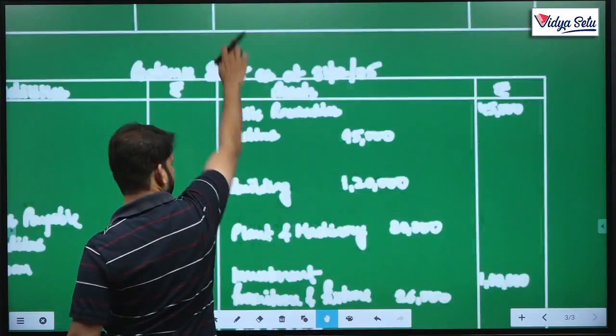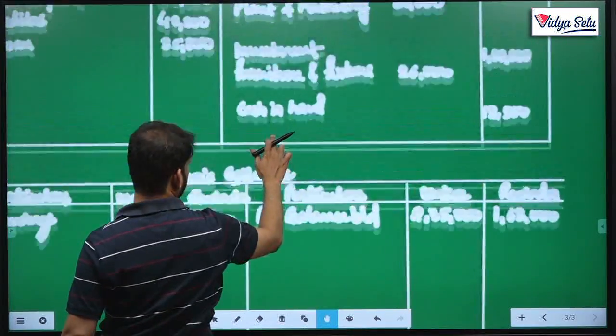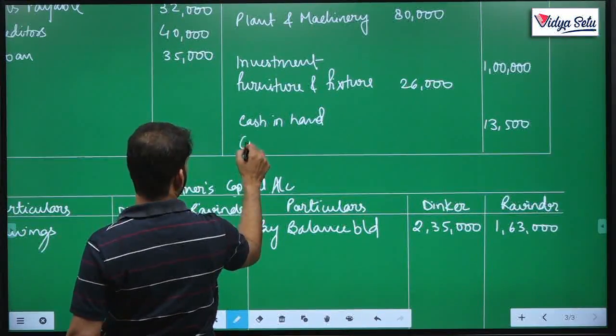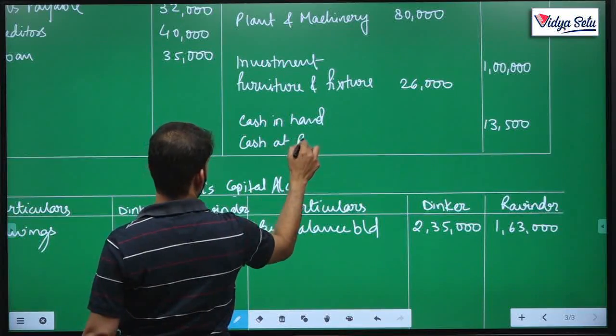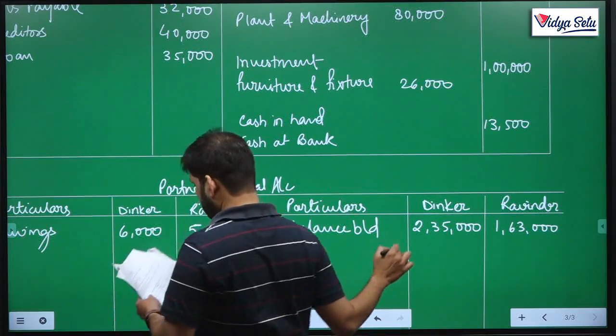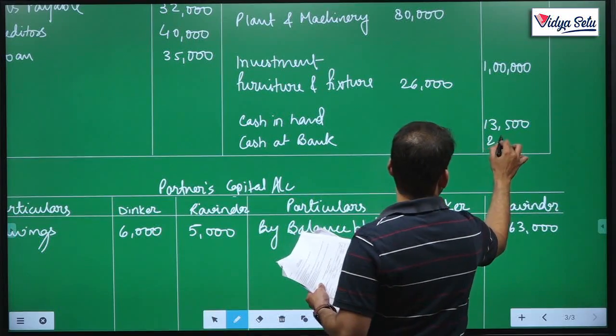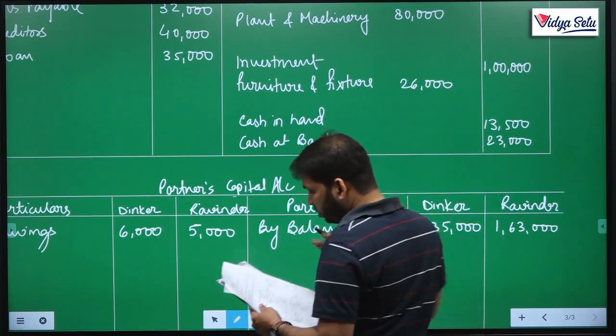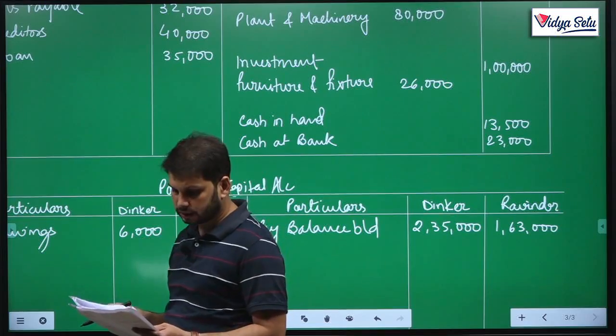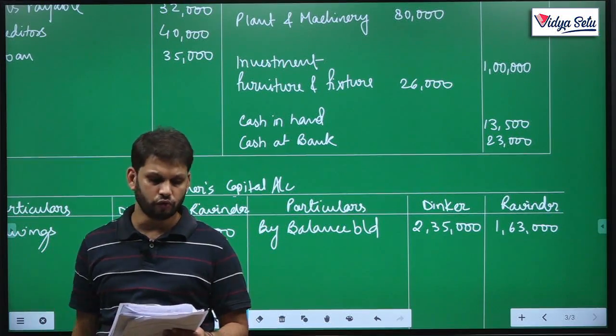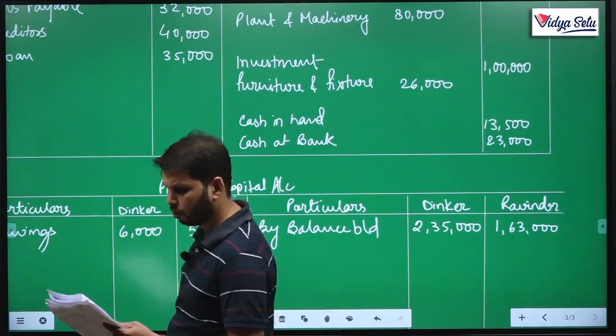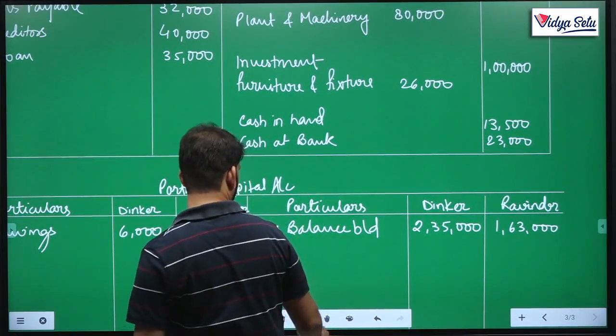Cash in hand already done. Cash at bank 23,000. Now, the entire trial balance is done.